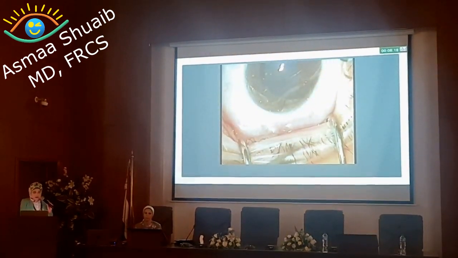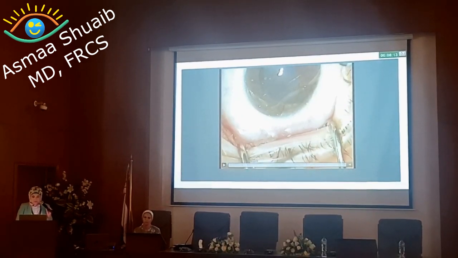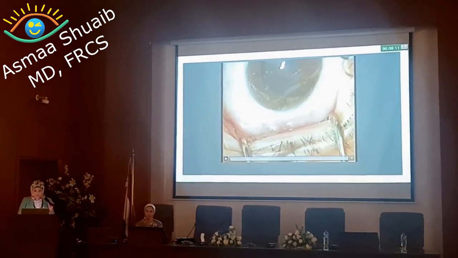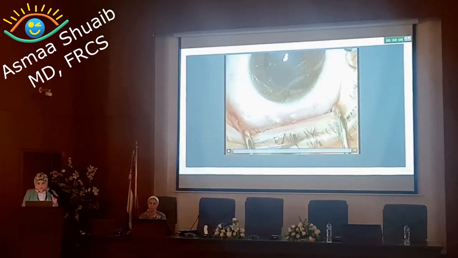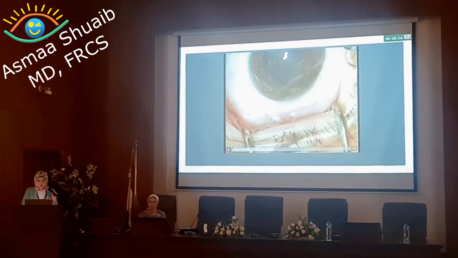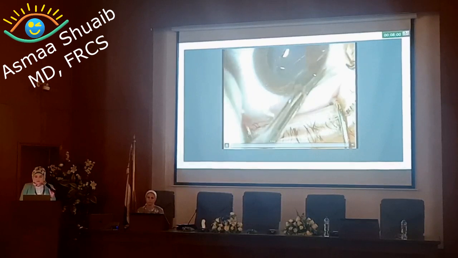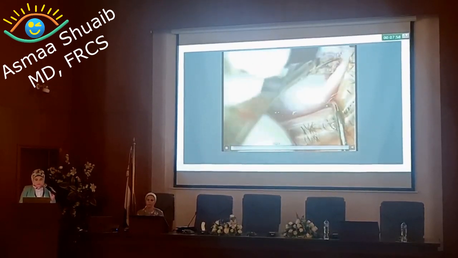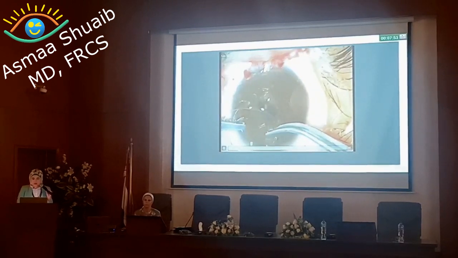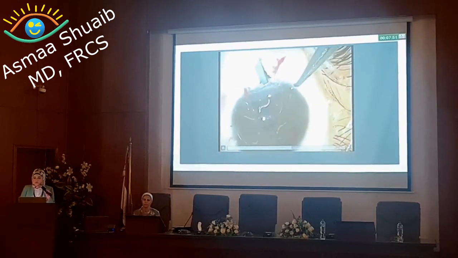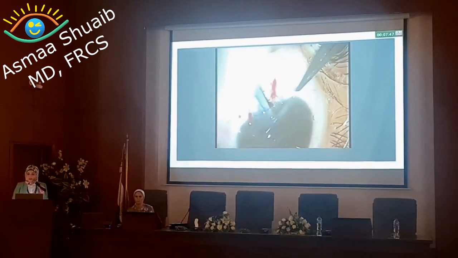So here we have a case where multiple surgeries were done before. This is a case in which an iris flow lens was implanted. In this case, the iris flow lens was implanted in the posterior approach, or what's called a retropupillary fixated IOL.